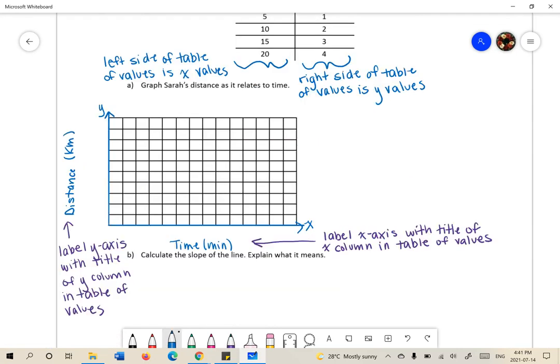I'm also going to include an appropriate scale. So my origin is always 0. And I'm going to increase by 5s.